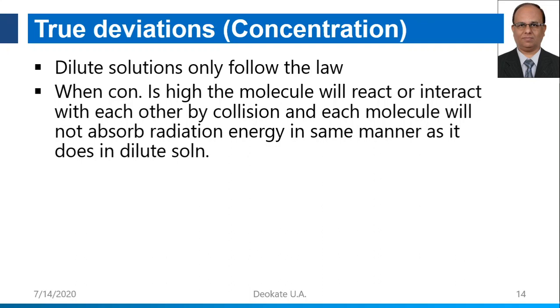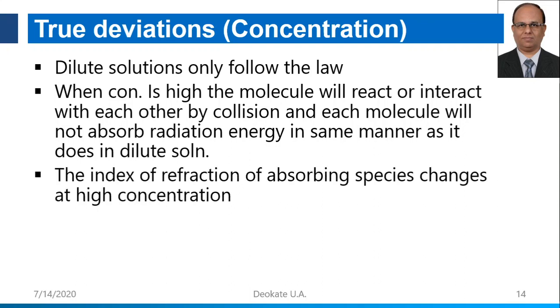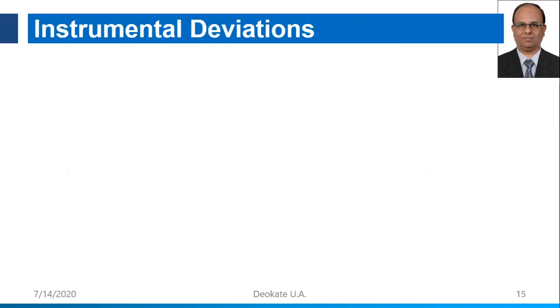Therefore, it will not maintain linearity at higher concentration. We have to go for dilute solutions only. Second, as the concentration increases, the index of refraction also changes. So the absorbing species changes at higher concentration, the refractive index changes, and that results in deviations in Lambert's law. So this is the first deviation.